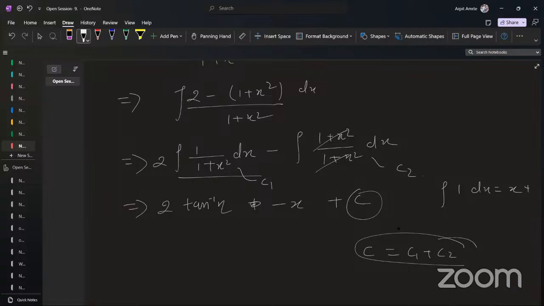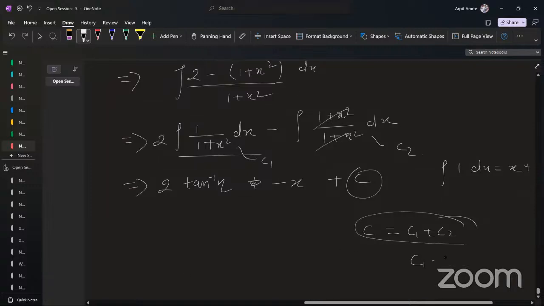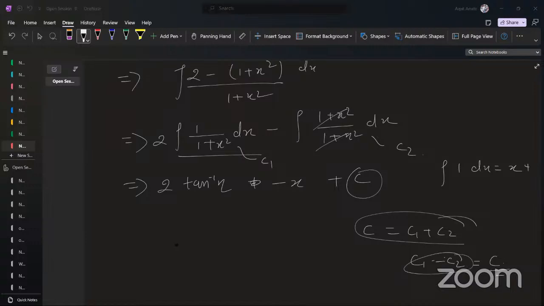It doesn't affect, don't worry, because c1 minus c2 will become another constant. So I am equating it and saying it is c. You can do this kind of thing.